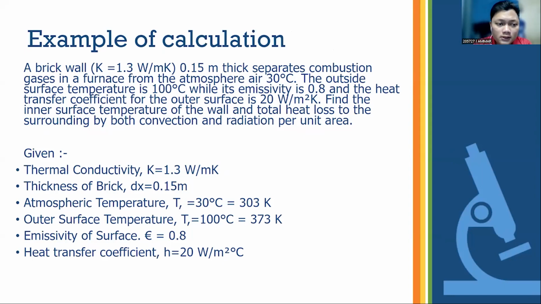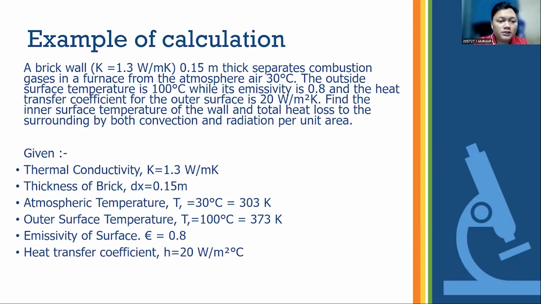The outside surface temperature is 100 degrees Celsius, its emissivity is 0.8, and the heat transfer coefficient for the outer surface is 20 watt per meter square Kelvin. The question is, we need to find the inner surface temperature of the wall and the total heat loss to the surroundings by both convection and radiation per unit area.